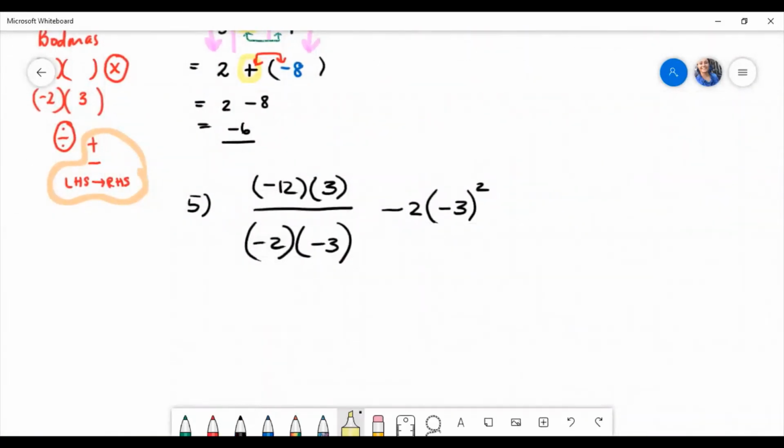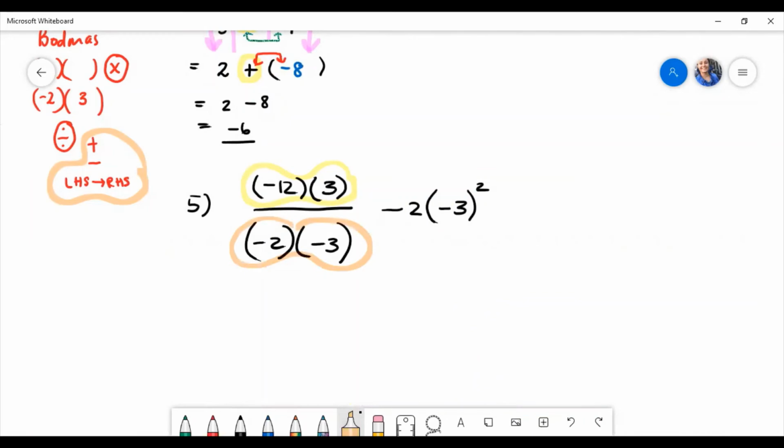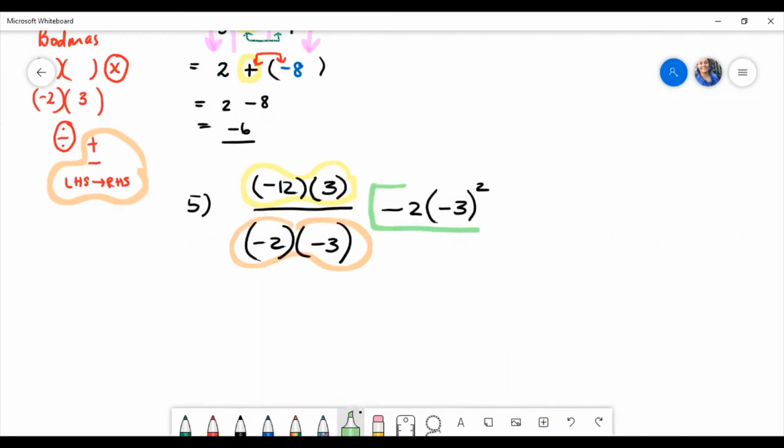We're going to try to figure out what is going on here first. Then we look at our denominator. Then we sort out what I have left here, and this becomes one term, something we need to start looking at for our next chapter. It's called a monomial because times and division create one term.